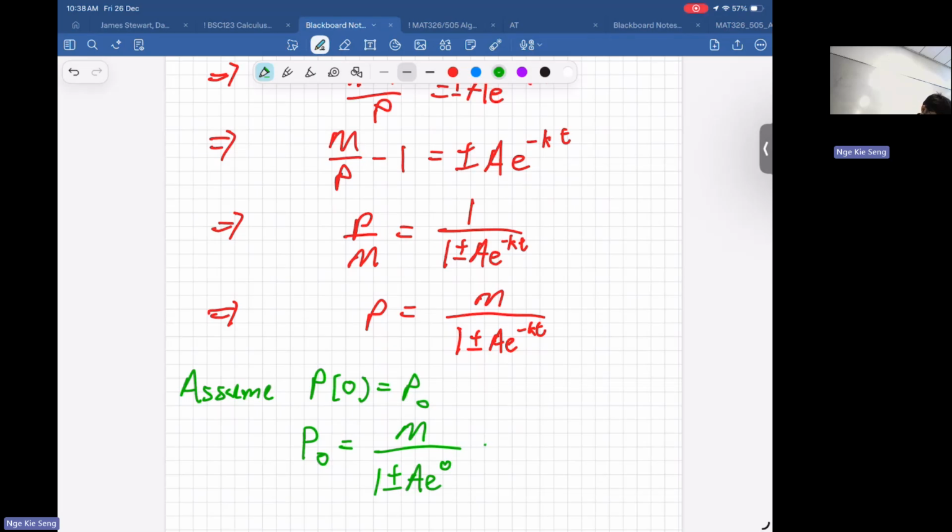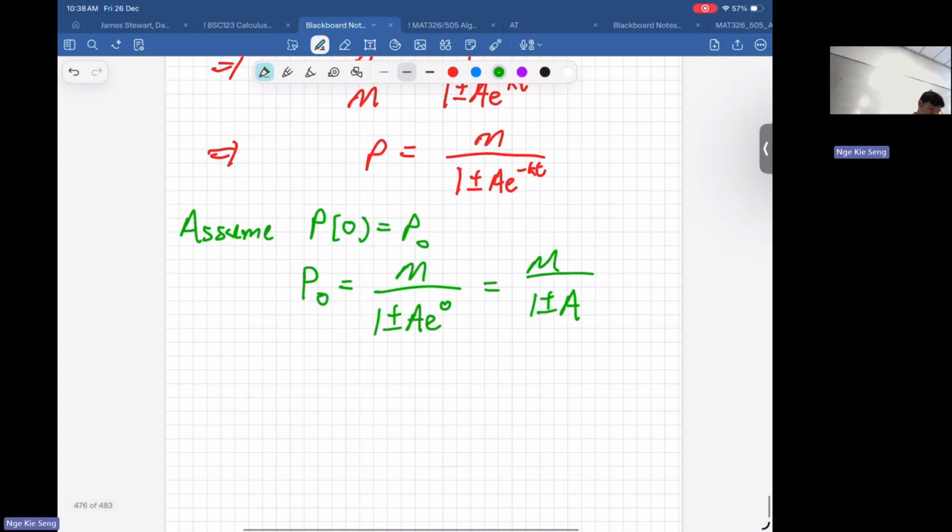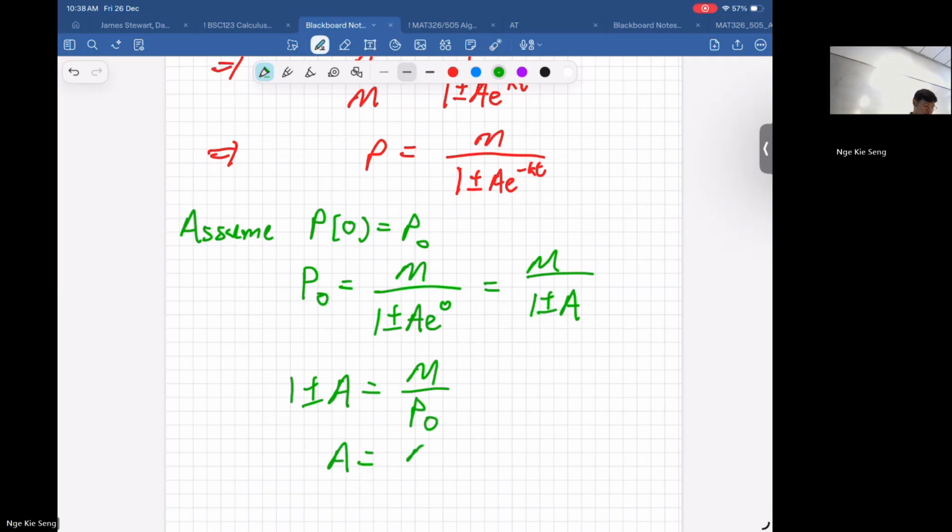So you get M over 1 plus minus A, and then you try to figure out what A is. So 1 plus minus A equals M over P naught, and then A will be M over P naught minus 1, and then where should we put the plus minus? Everything.